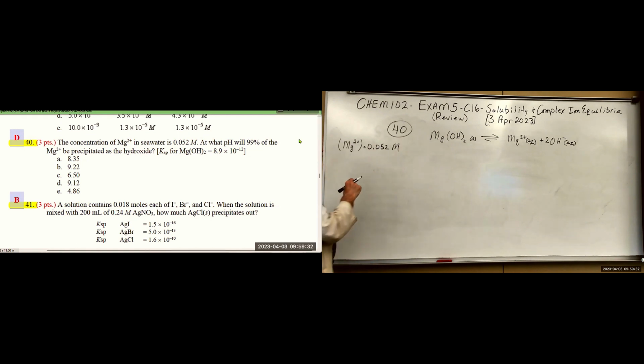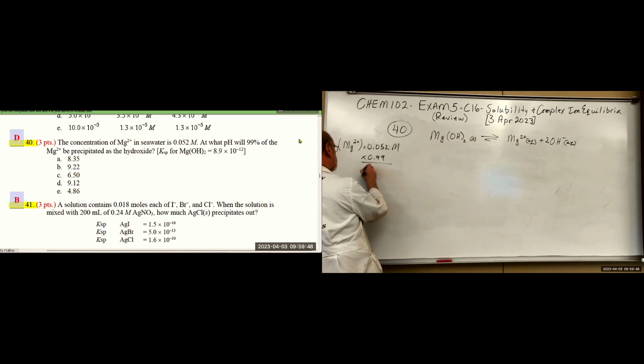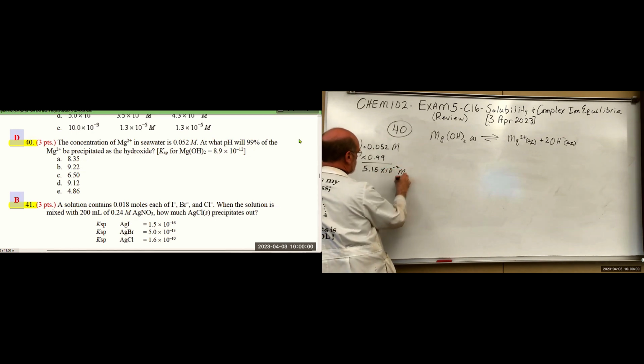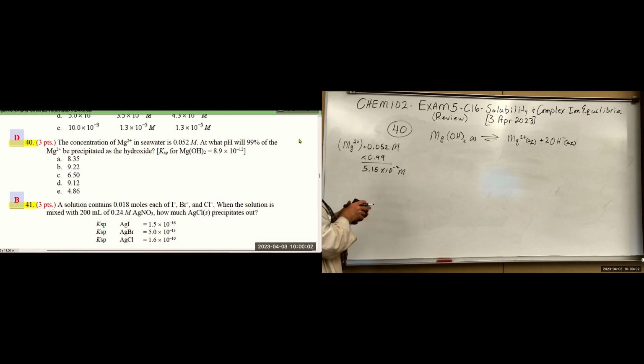Right, so we want to remove 0.99 times that, or 5.15. I'm going to keep a couple extra. Times 10 to the minus 2 molar. That's what we want to precipitate out.